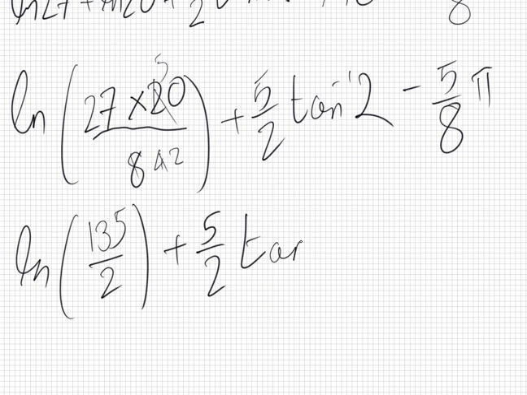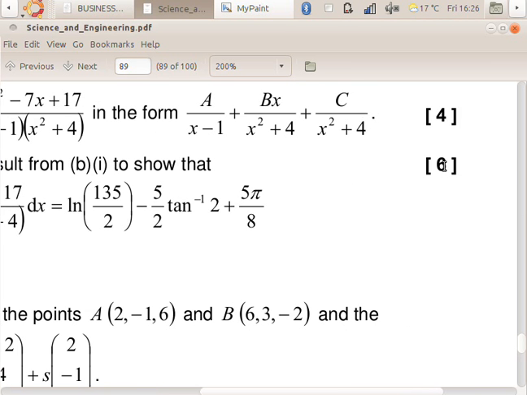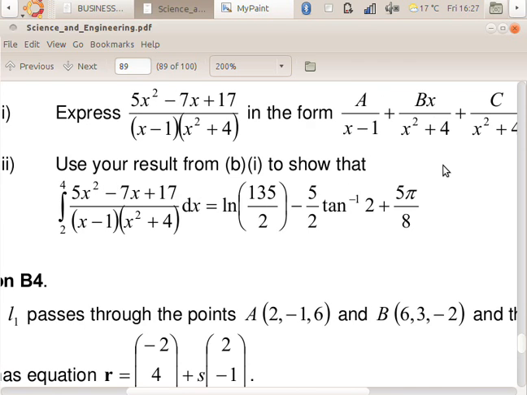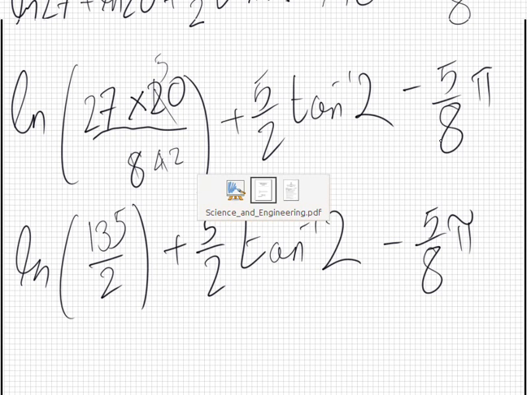I think this is the final answer. We can check now. Yeah. How many marks? 6. All right. But the answer had a minus 5 over 6. It did have a minus, or it didn't in the answer?